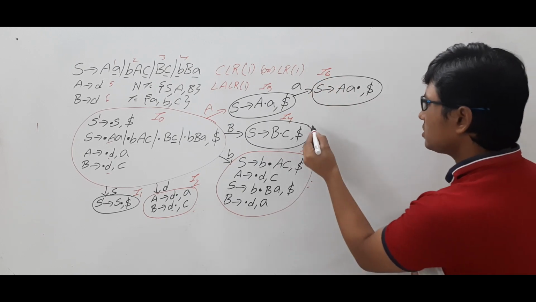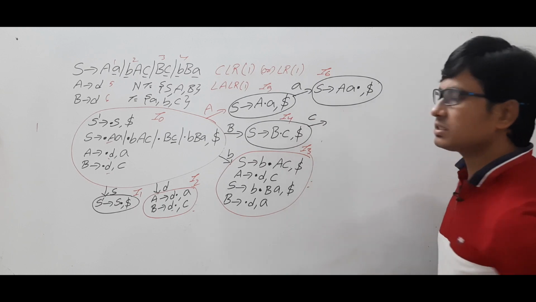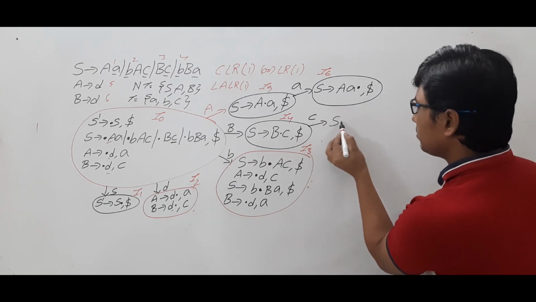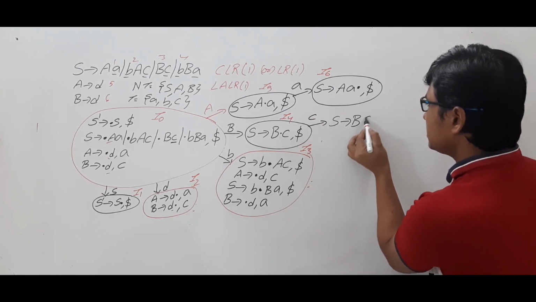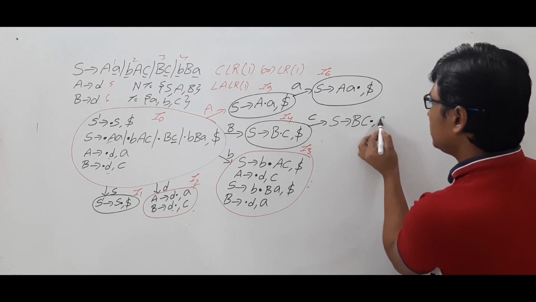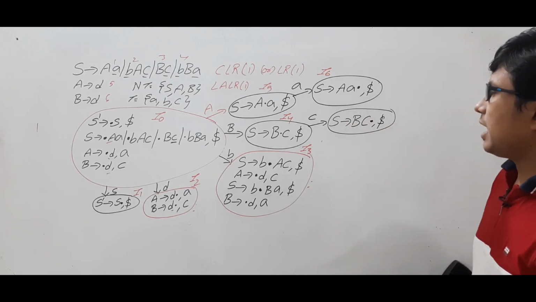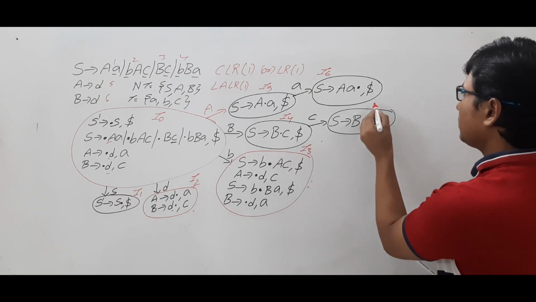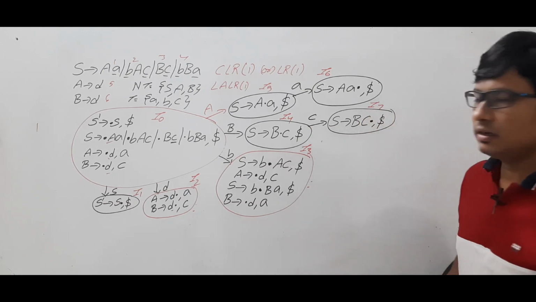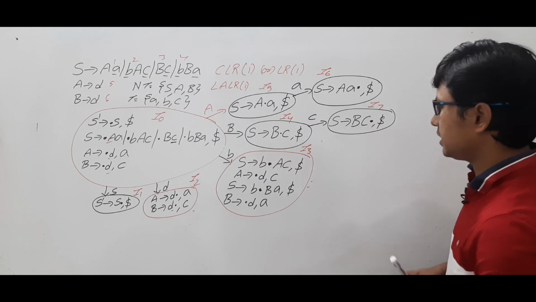Now on small c, let me check what is happening. S determines B C dot dollar. Am I right or wrong? This is my another reduction move. Let me make it as I7. Okay, are you able to understand?